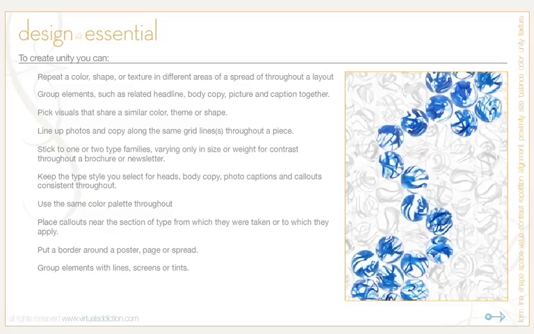Are they curved and soft in an organic sense, or are they hard and sharp at right angles for something to do with computers or something technical? You can use unity with size. Is one element overwhelming another element to the point that it's being lost? So consider that.